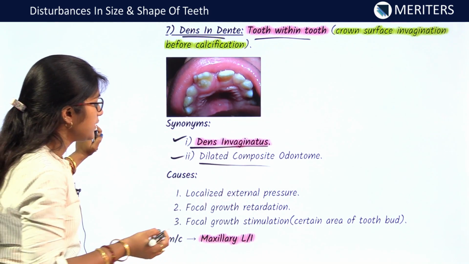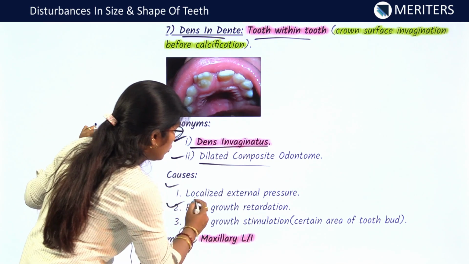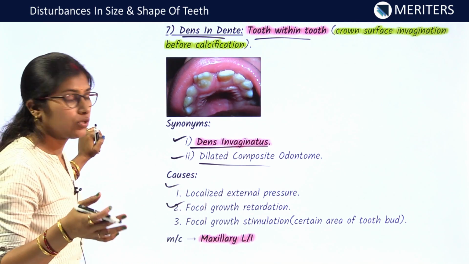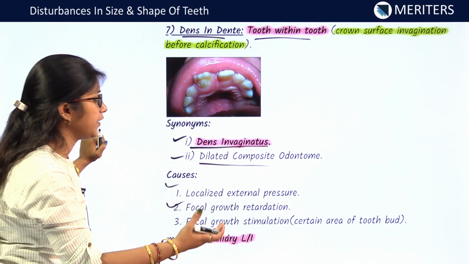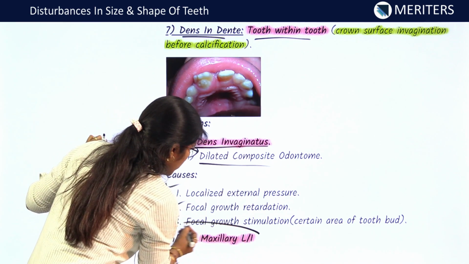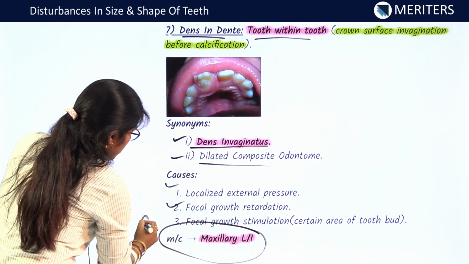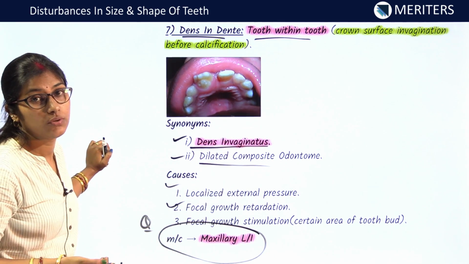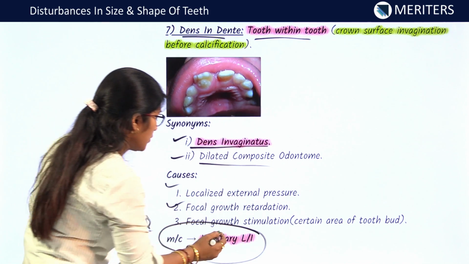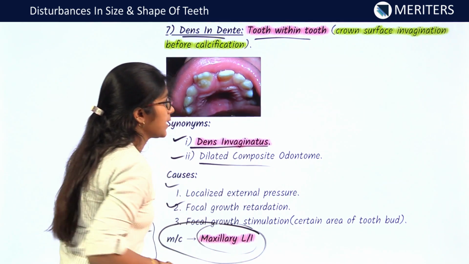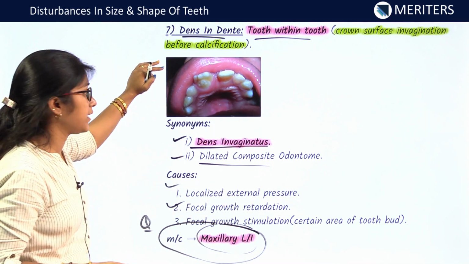Causes are localized external pressure, focal growth retardation, or focal growth stimulation in a certain area of the tooth bud. And the most important thing is the most common tooth involved. The most common tooth affected by dens in dente is the maxillary lateral incisor.